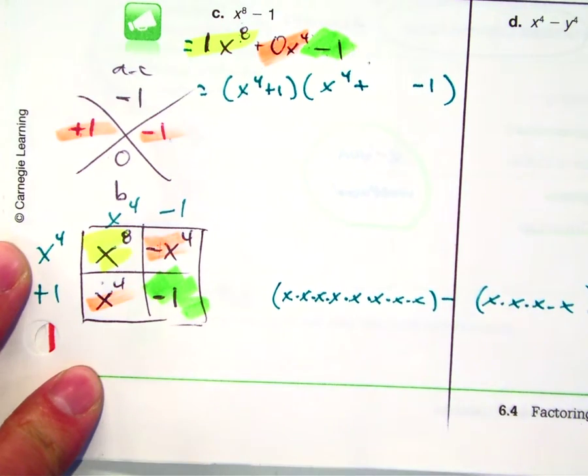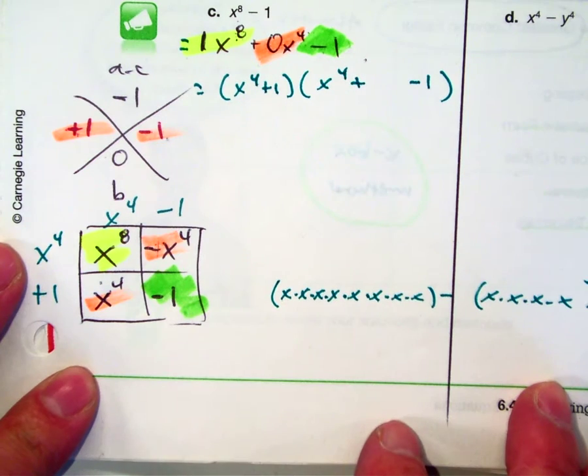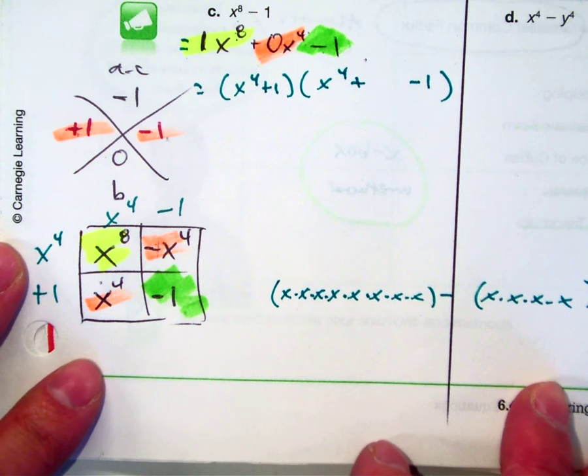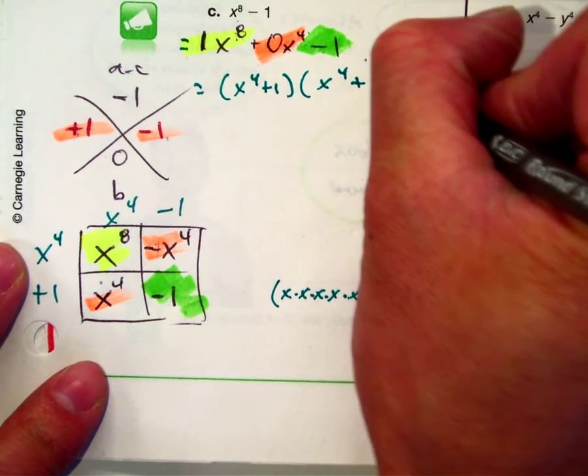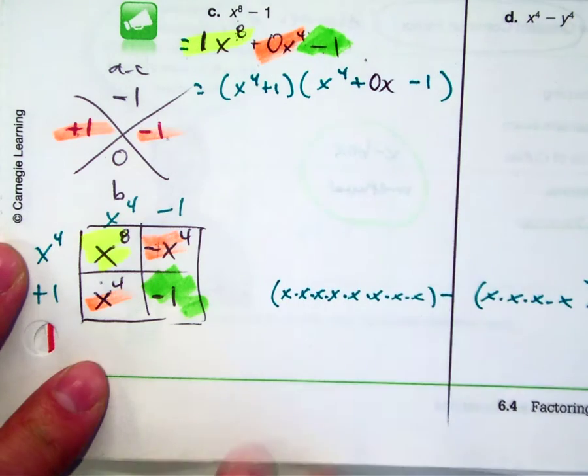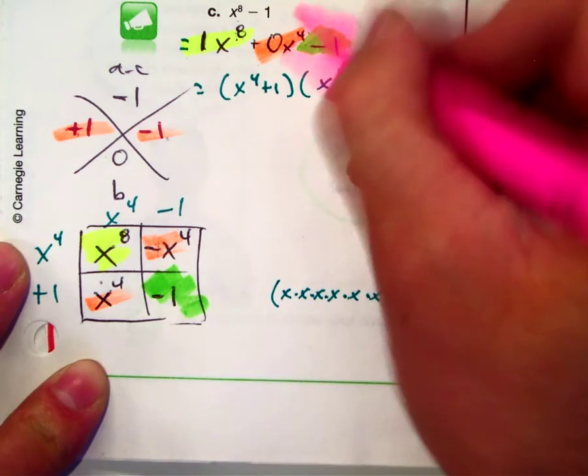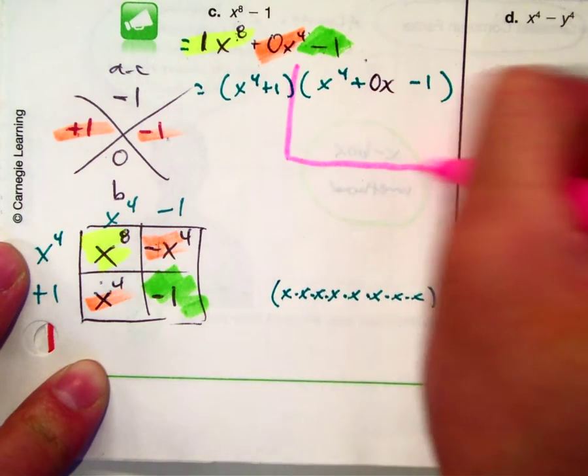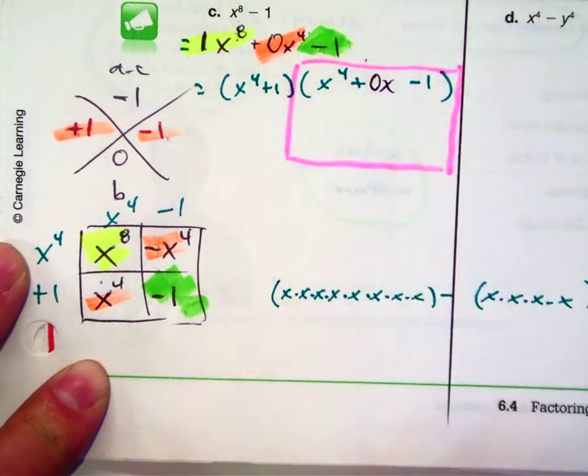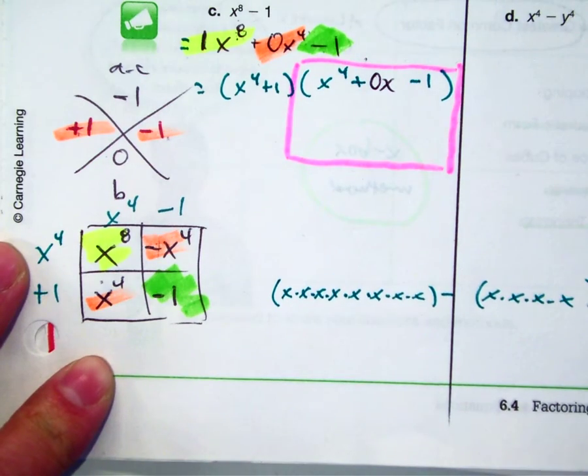Uh-oh. Why do you think I left that big space for another placeholder? Do you see that? I'm running out of colors. In this problem right here, you can do the same thing again. It's just another difference of squares problem.